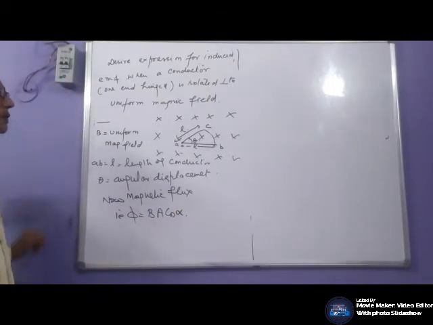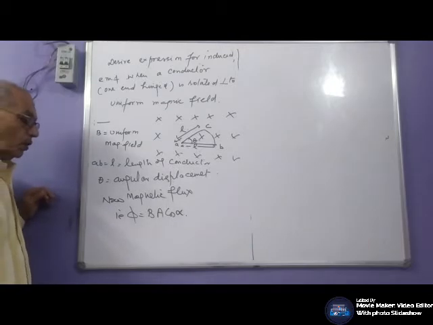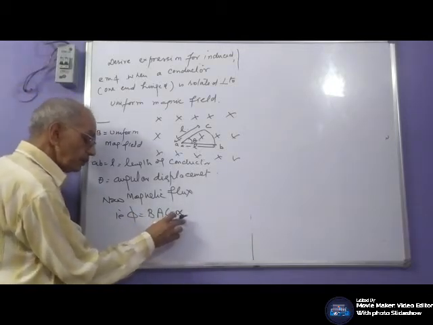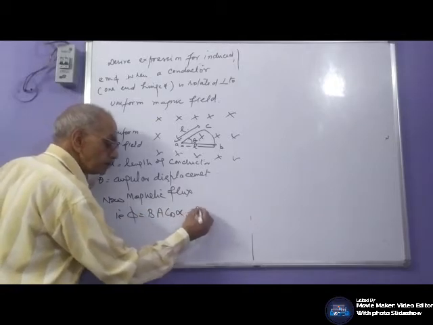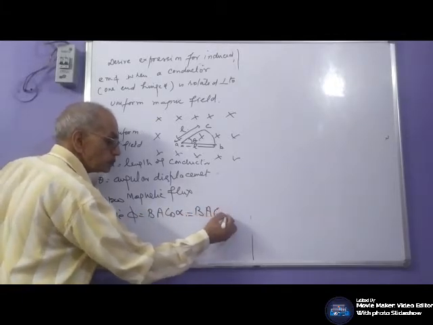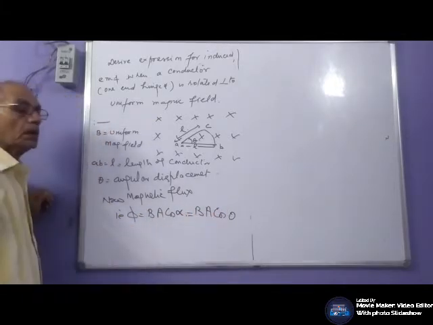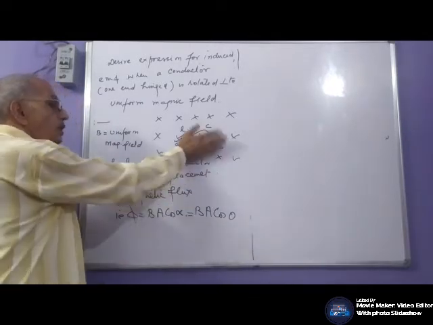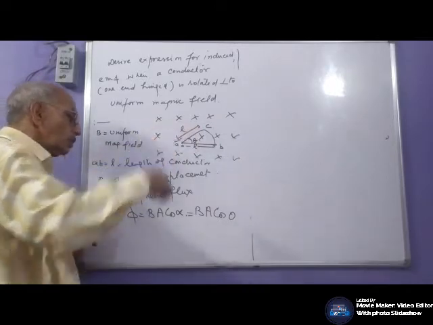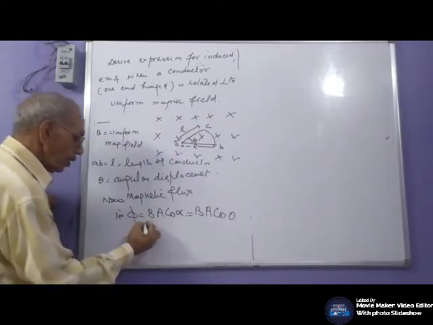Take alpha here, because theta is this angle we took. Where alpha is the angle between B and normal to area. On the board, this is B and the normal to this area is at 0, so phi is BA.